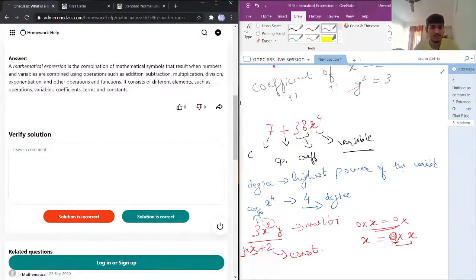So the solution written: a mathematical expression is a combination of mathematical symbols that result when numbers and variables are combined using operations such as addition, subtraction, multiplication. One more thing I forgot: here the division sign is also an operation or operand.